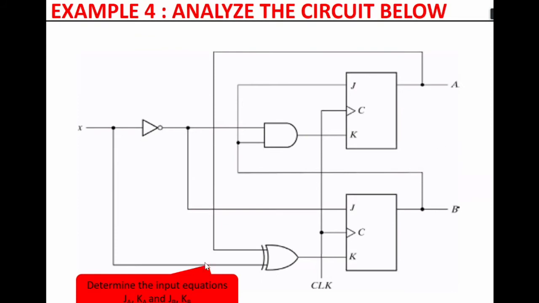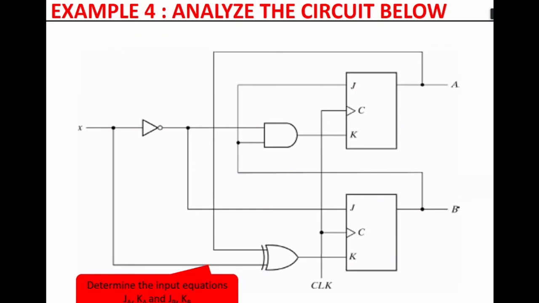You've got the clock. So can you determine JA, KA, JB, KB in terms of X, A, and B? Let's go for that. Just try and do it on your own.